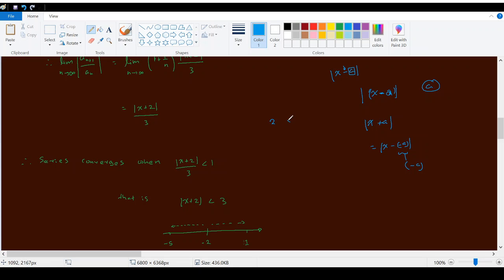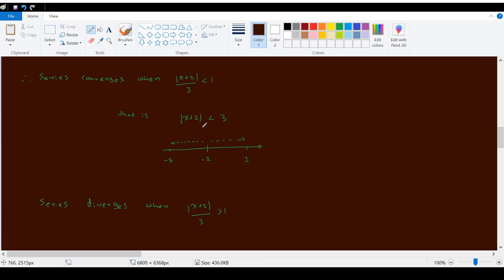So first of all you must change it to the x minus format, and then when you try to find the corresponding x values so that this inequality is satisfied, it's easy if you draw a number line and consider the distance idea. The distance from -2 should be less than 3 units. So 3 units to the left and 3 units to the right from the -2, not +2.